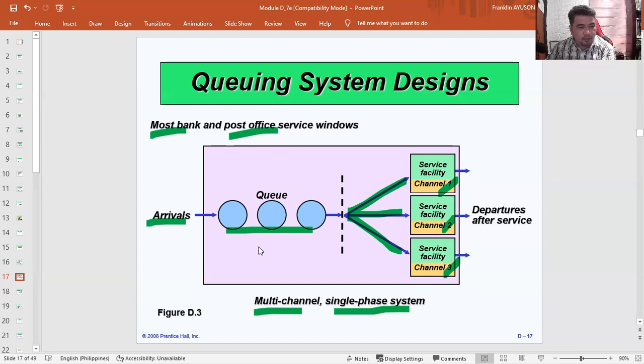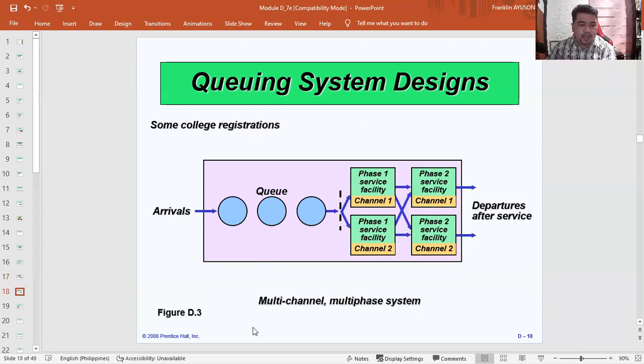Anyway, moving forward. So this time you have the multiple channel and multiple phase system. So yung ating queuing, again, from arrival to queue, but this time, the queue can enter facility 1, channel 1, and can enter phase 2 in channel 1, or pwede naman siya sa channel 2, phase 2.